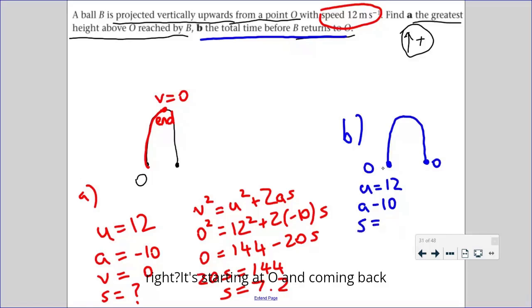Okay. What we can do is we can label s, right? It's starting at O and coming back to O. Because the level is the same, your displacement is zero because it hasn't moved up and down between start and end. Okay, so s is zero, and they are asking you to calculate time.